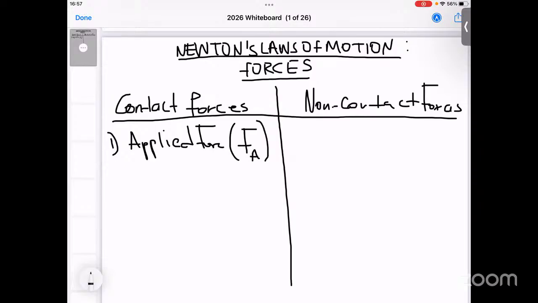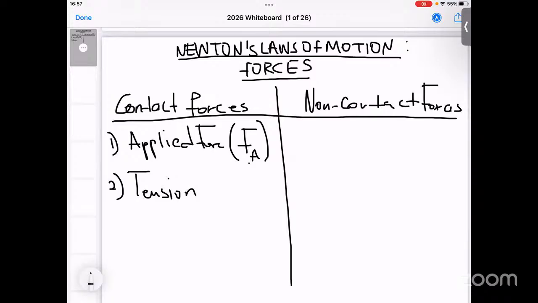The applied force is normally the one where you either push a person or pull that person. Think of it as where you push the other honorable member with your hand or pull their hand. The push and pull we refer to as the applied force.